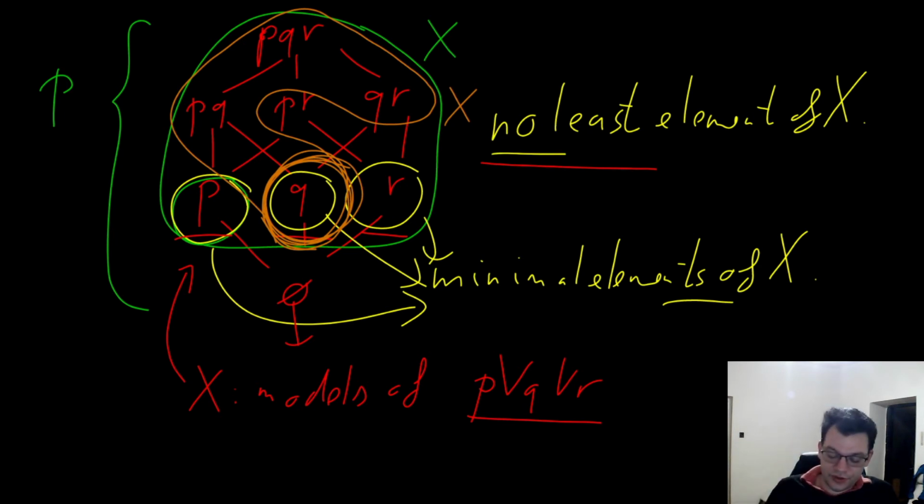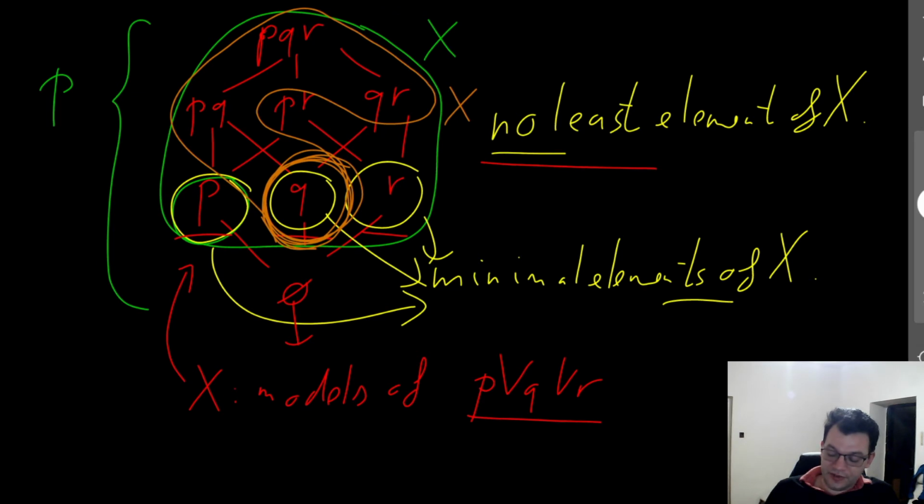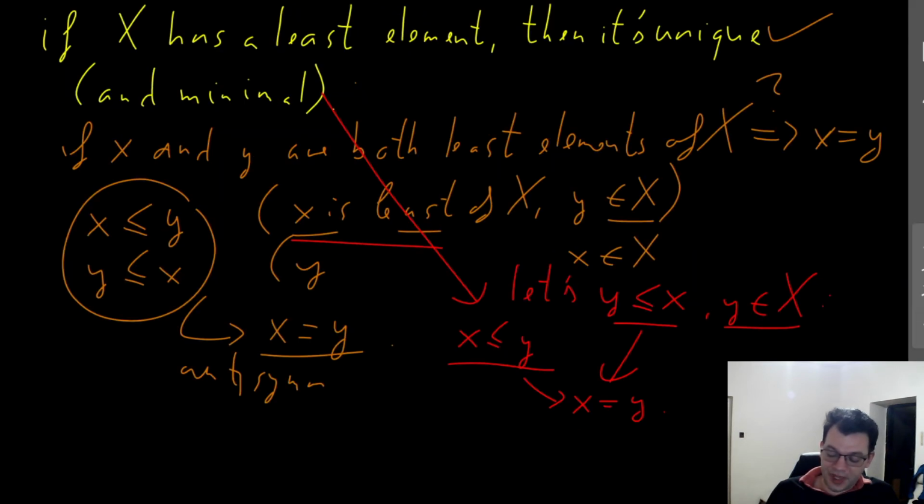You can choose only that element if you have only one minimal element. Okay, so if we have a least element, then it's unique, which is great.